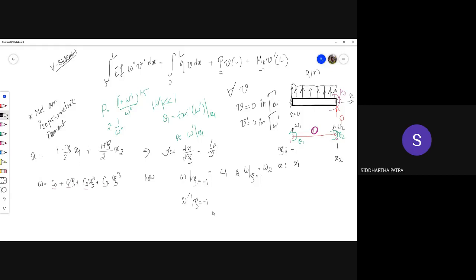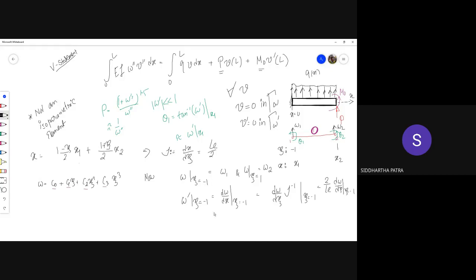Please remember what this quantity is. This is dw dx evaluated at xi equals -1, which is dw dxi times j inverse evaluated at xi equals -1, which basically says 2 by le dw dxi at xi equals -1.